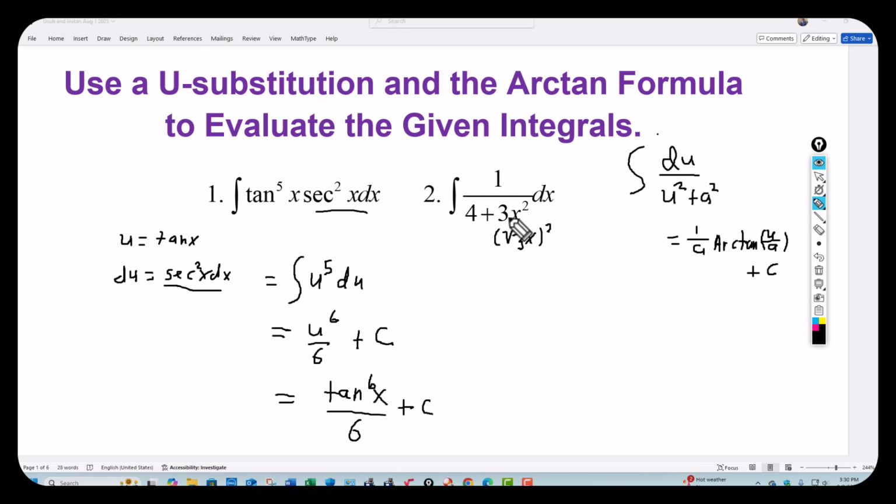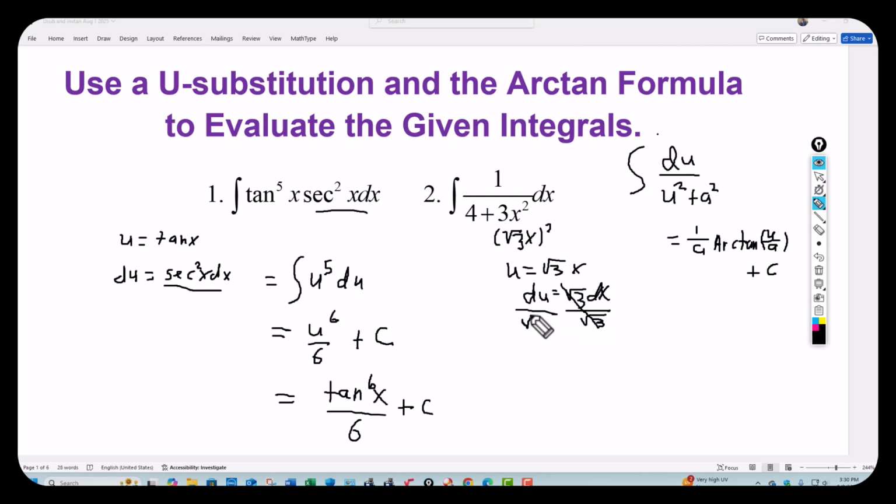I'll replace the 3x squared by the square root of 3x squared, and then I'll let u equal the square root of 3x, then du would equal the square root of 3 dx. And then we divide by the square root of 3 here. These cancel out.